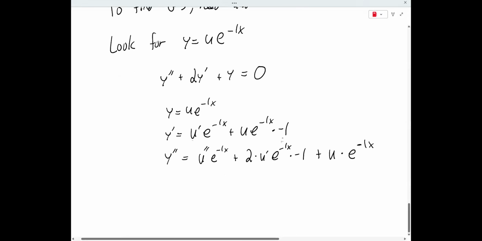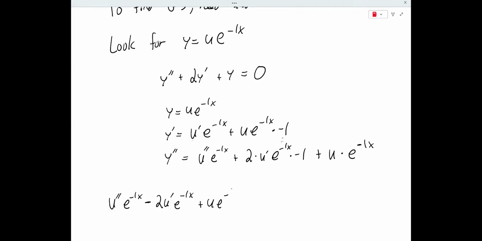So if I go back and sub in here now, the y double prime, according to what we got, is u double prime e to the negative 1x plus 2u prime e to the negative 1x. Actually, it'd be a minus here now, because that was a negative there. I want my second derivative plus u e to the negative 1x.